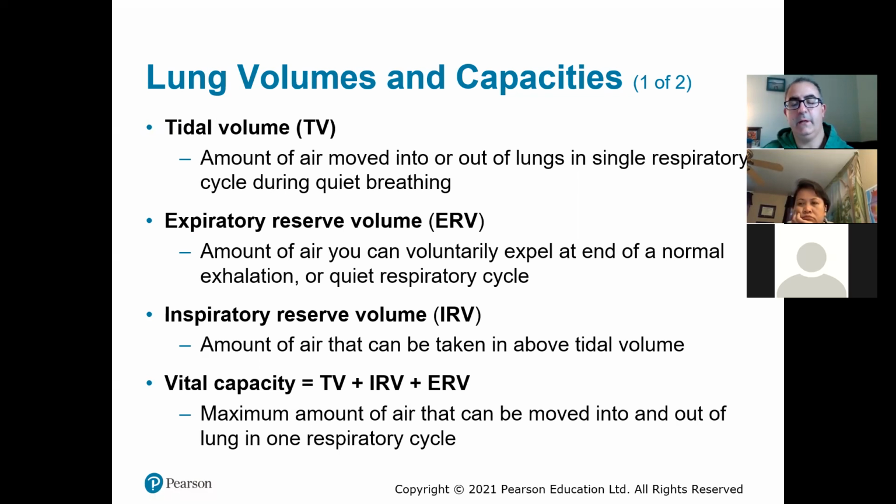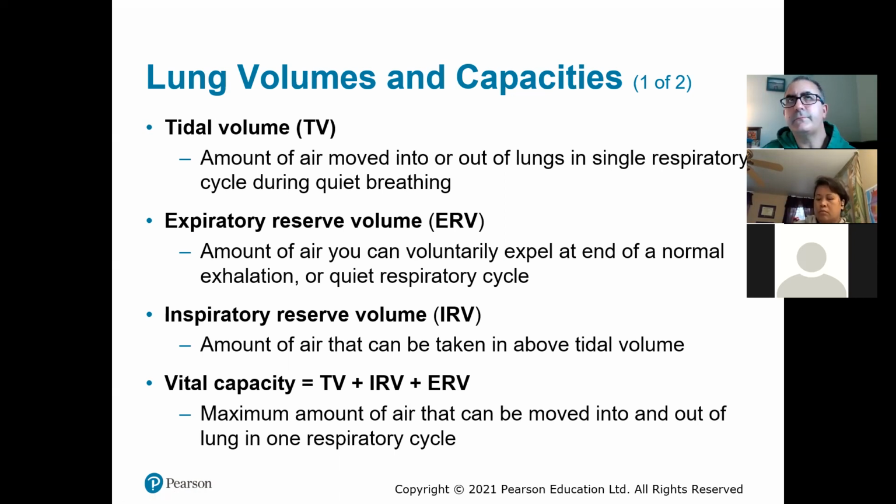And there's a bunch of other measurements that go into it. All the way at the bottom of this slide is something called vital capacity. The vital capacity is the maximum amount of air that can go into and out of your lungs in one respiratory cycle, in one breath. So if I took the deepest breath possible and pushed all of it out as much as I could, that's vital capacity, right?